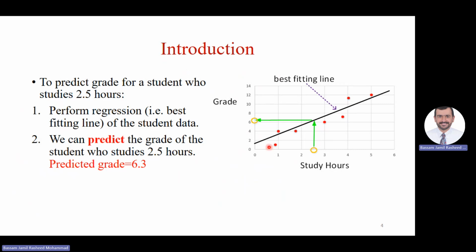Once we do that, which will take a process, we look at the graph and say, okay, we want 2.5, which is not in the original data, and that corresponds to this much of a grade, which is 6.3. So the key here really is to perform this regression. Given these data, the red dots here, how can I find the best fitting line? That's really the question.